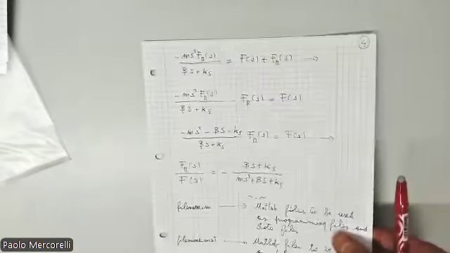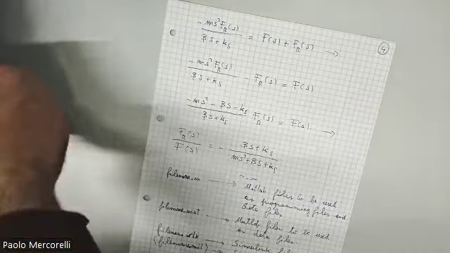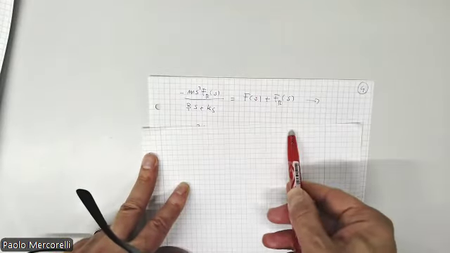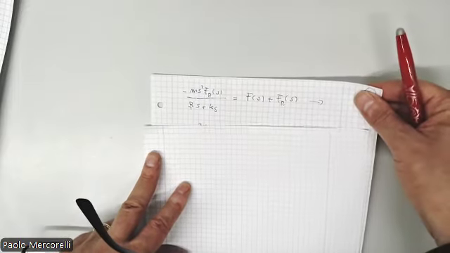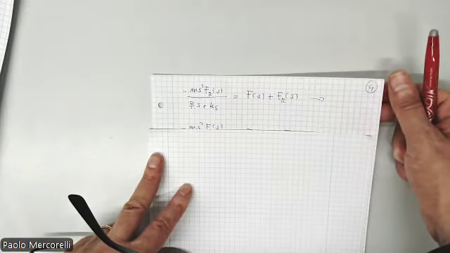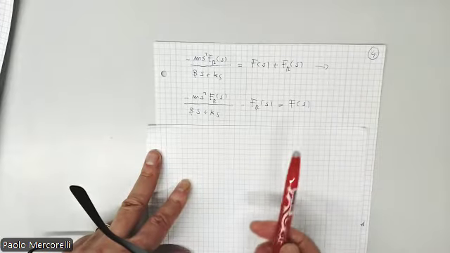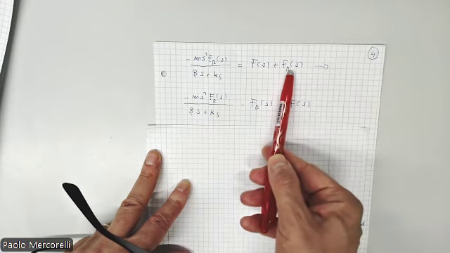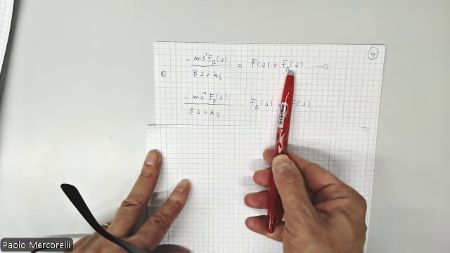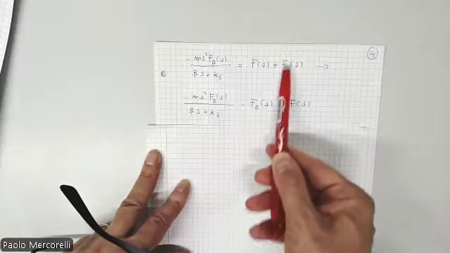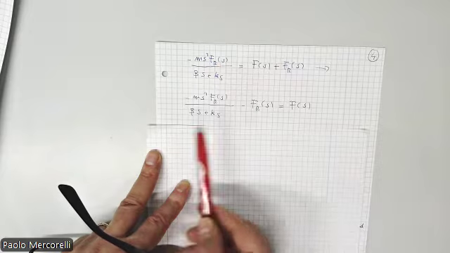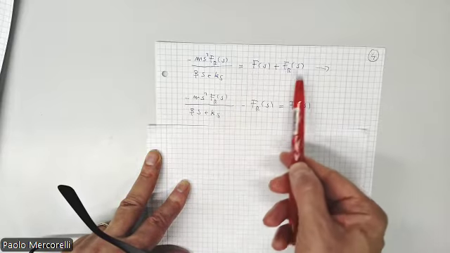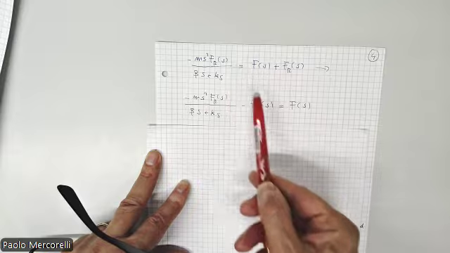In fact, you can reconsider this expression here. I copied it just to be more comfortable. Here I move this on the left. From here to here, I move Fr on the left, so I have on the left everything which is related to Fr.